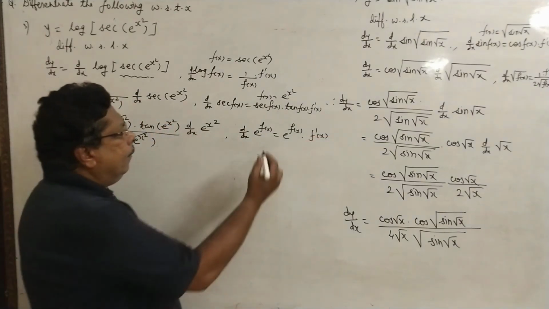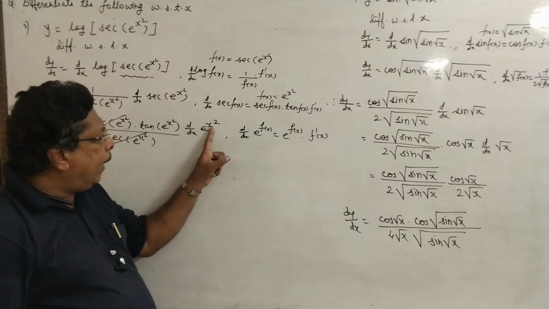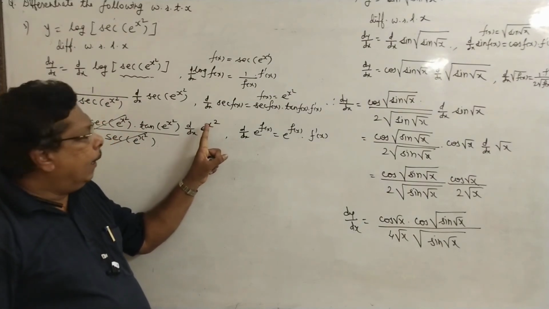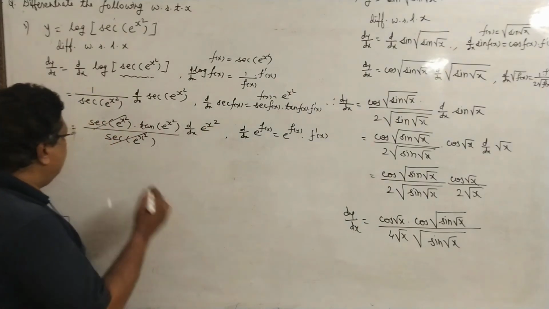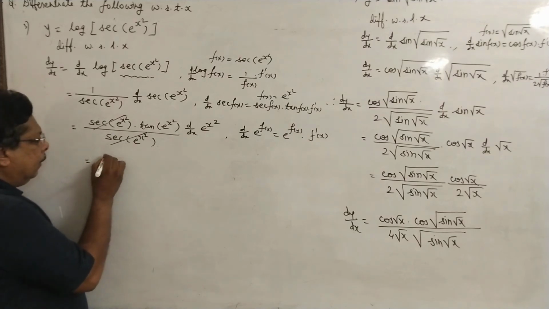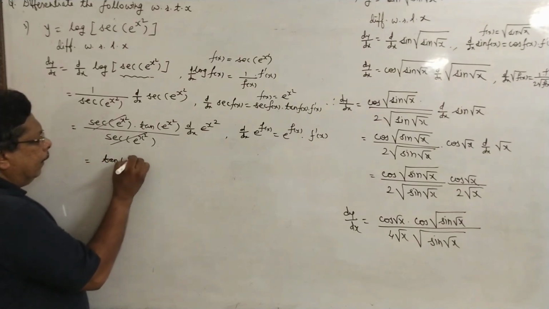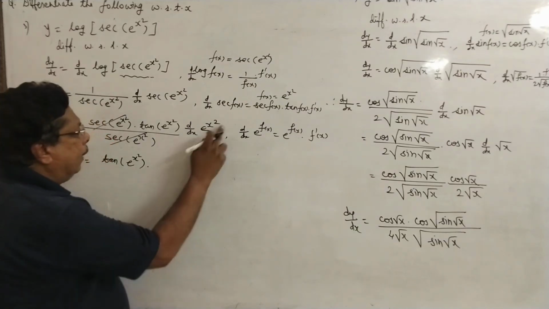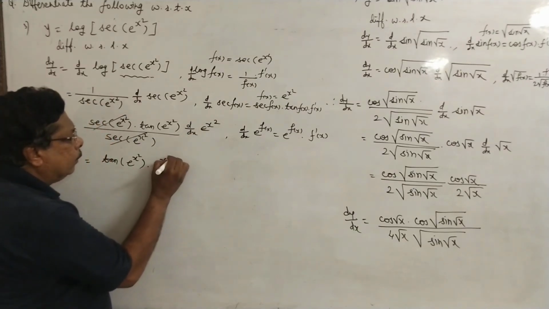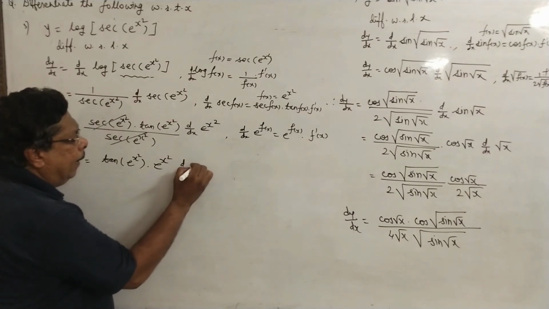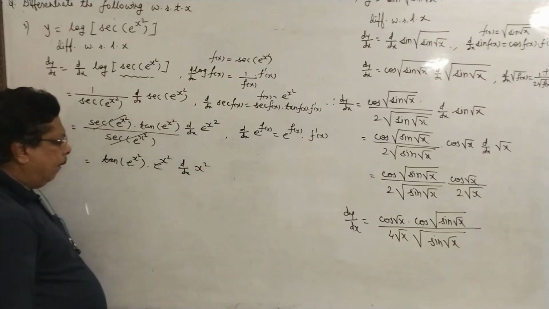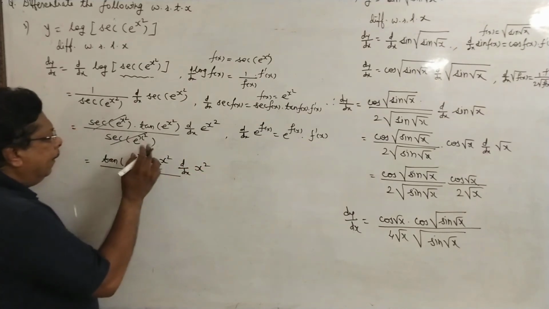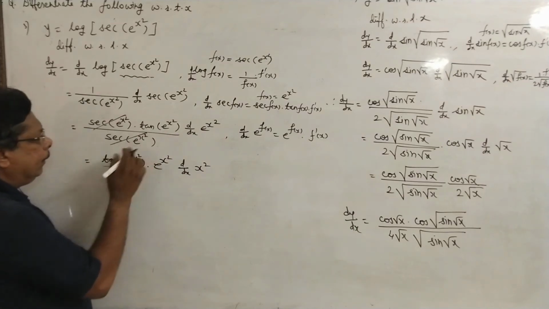Here f(x) is equal to x square. So this can be written as tan e raised to x square into the derivative of e raised to x square, which is e raised to x square into dy/dx of x square.